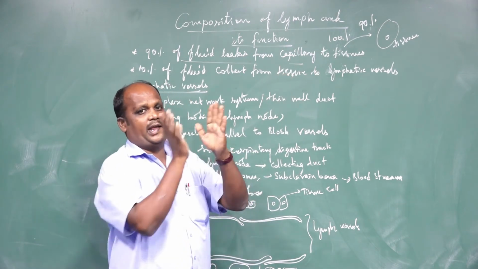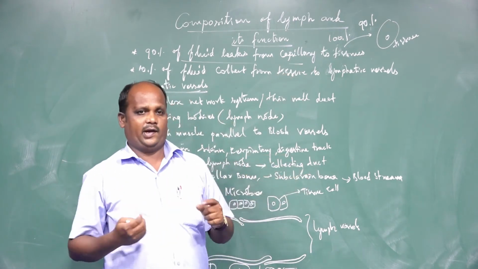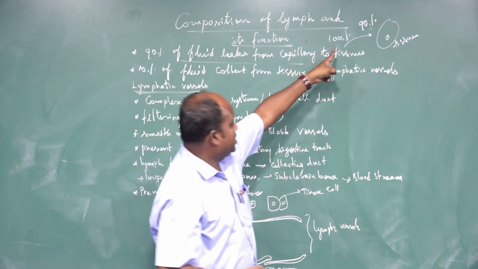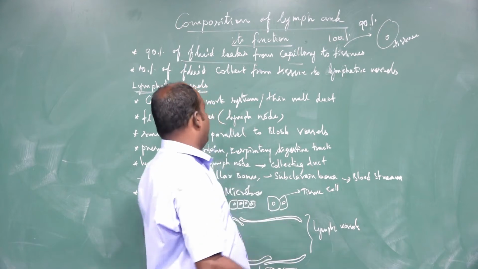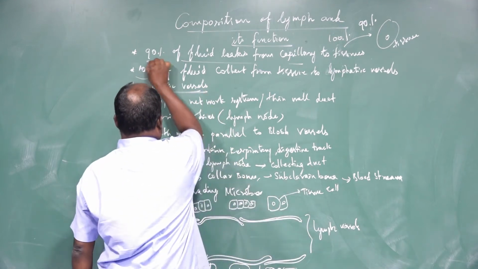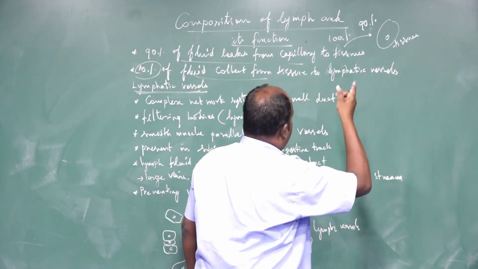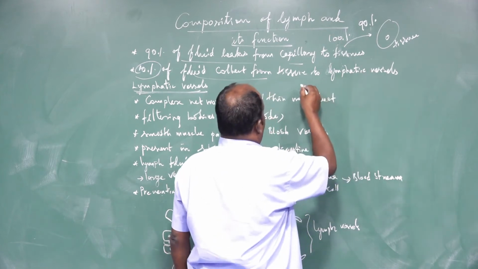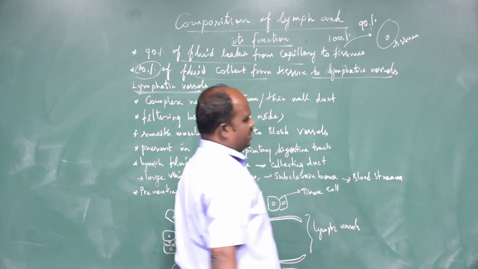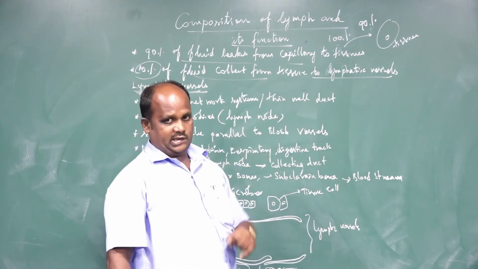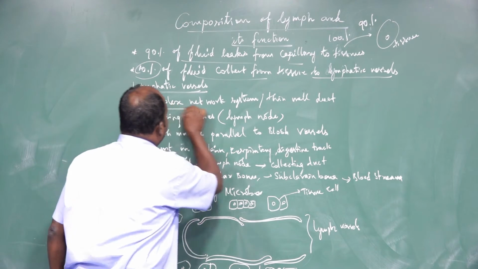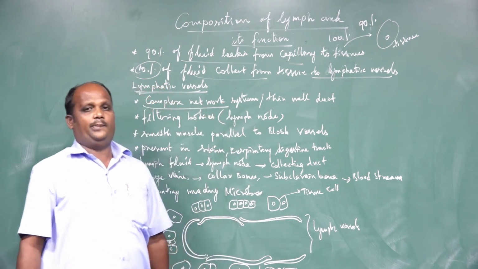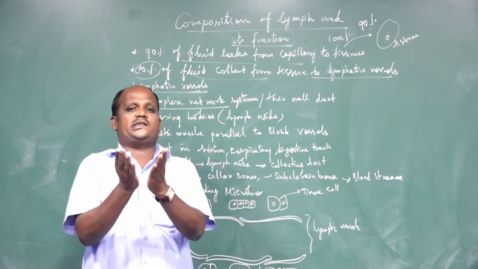See, arteries supply the blood, veins collect the blood. That 90% of fluids is collected by the blood vessels. The remaining 10% of fluids is collected from the tissues by lymphatic vessels. The lymphatic vessels are a complex network structure.